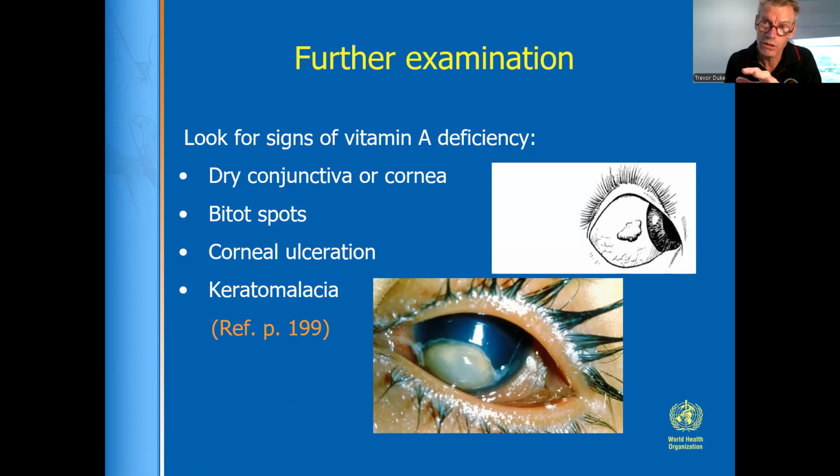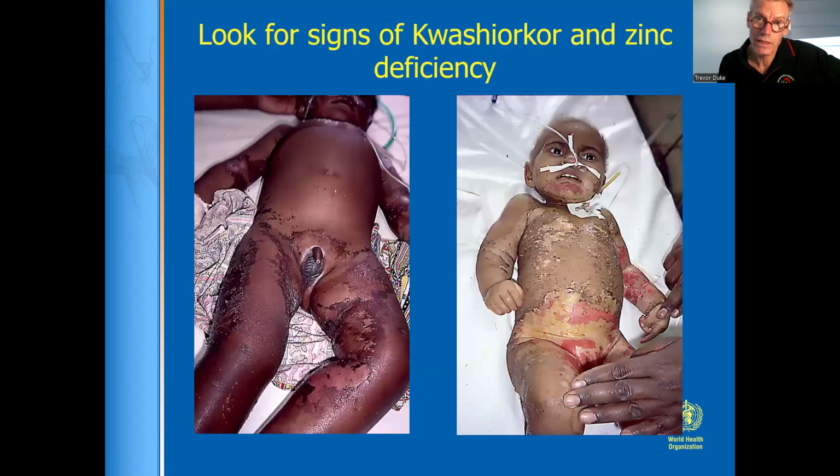And keratomalacia just means a very soft cornea, and you can see that sometimes there's erosion or ulceration of the cornea, which can lead to blindness. So very important, if a child's got severe malnutrition, we check for signs of vitamin A deficiency and replace the vitamin A anyway.